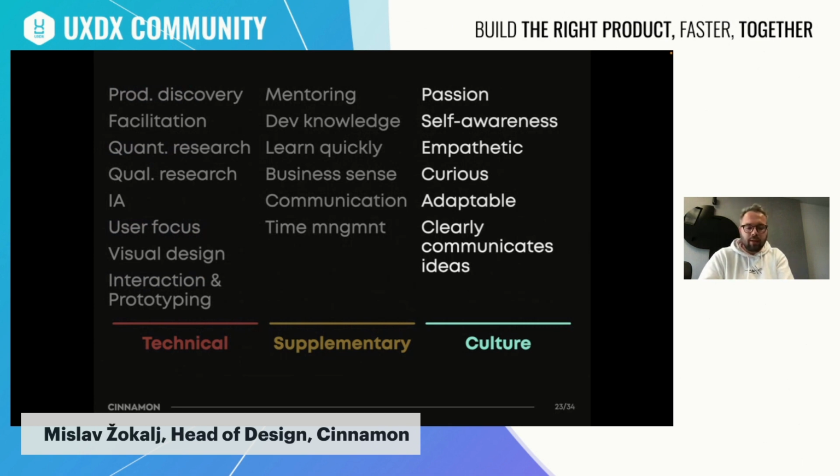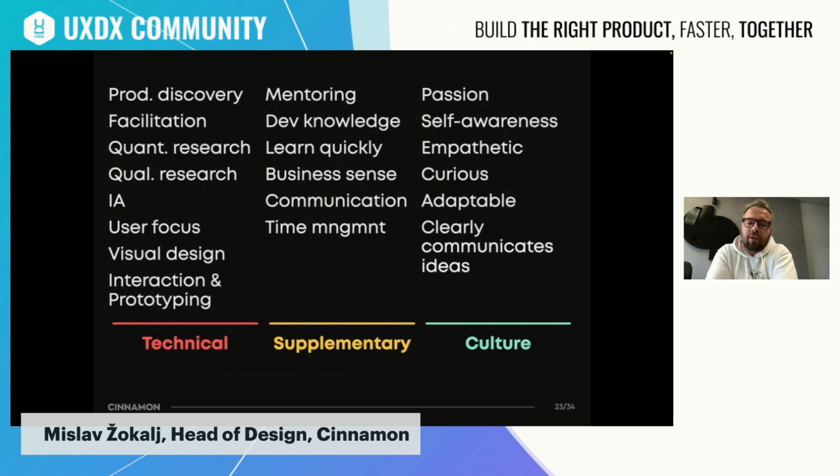So we want to divide that as something that is ingrained in our culture, to always be able to speak about your design ideas, your concepts, your thoughts around the issue at hand. So now we have all three groups. In total, we had 20 skills.